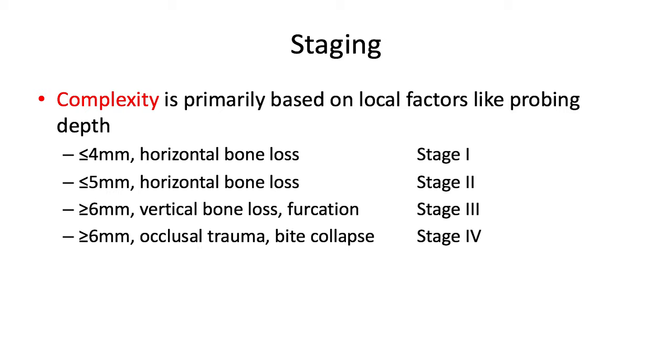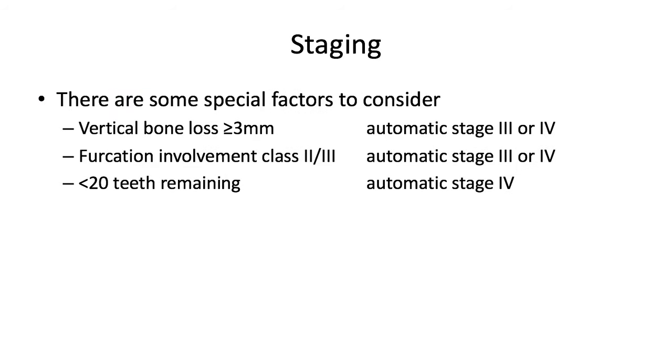For example, if your largest probing pocket depth is 5 millimeters, it can upgrade a stage 1 to a stage 2. Or if you have probing pocket depths above 6 millimeters with furcation involvement, you can upgrade that to a stage 3. And if you have secondary occlusal trauma and bite collapse, you could maybe even upgrade that patient to a stage 4. So that's how complexity factors can work.